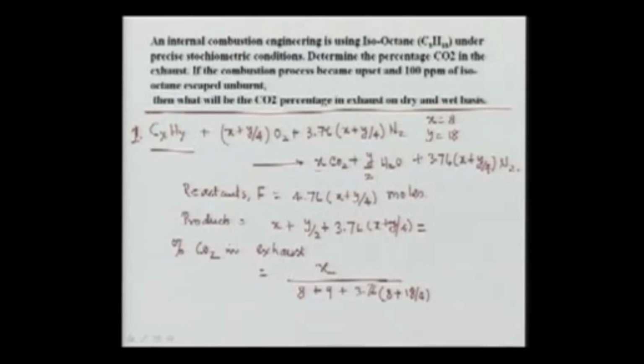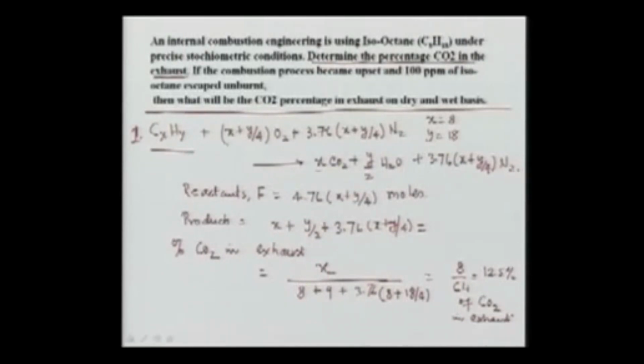Okay, and this came out to be 8 by 64. So that is 12.5% of CO2 in exhaust. That is my answer to this problem: determine the percentage CO2 in the exhaust.